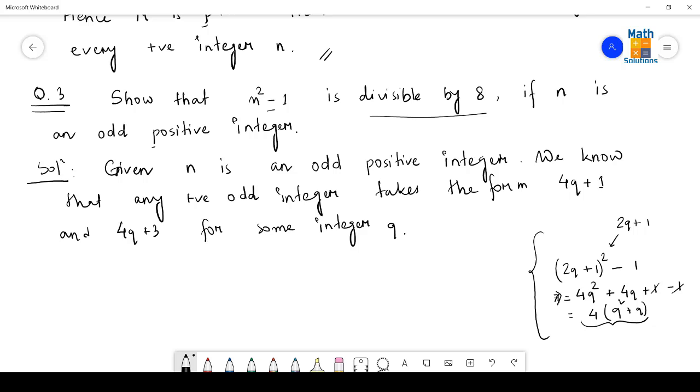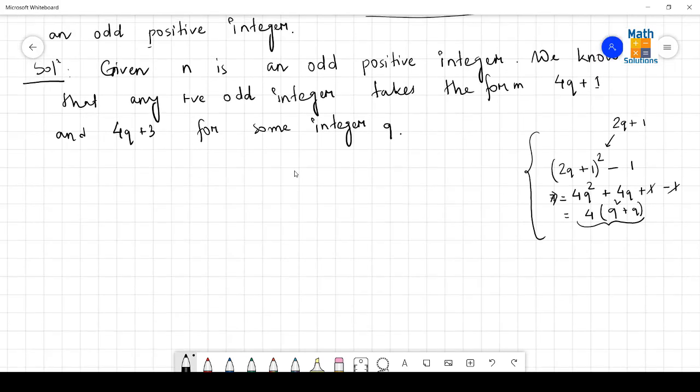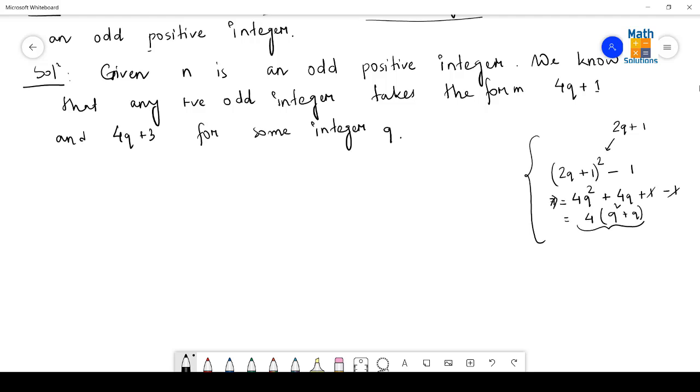So coming to the later part, two cases will arise here: 4q plus 1 and 4q plus 3. Case 1, when n is equal to 4q plus 1, we shall get n square minus 1 equal to 4q plus 1 whole square minus 1.